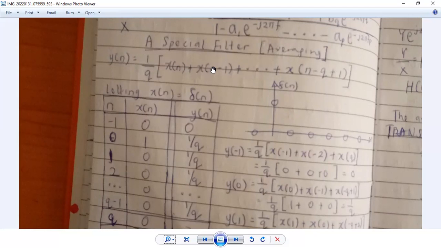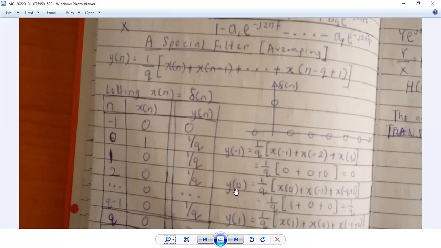You just plug in -1 here into the equation. So you get -1 here, -2, and here you have -1. So here is x minus q. When you look at x of -1, then x of -2, then x of minus q, all of them are 0. So that gives you 0. So at n equal to -1, the output is 0.